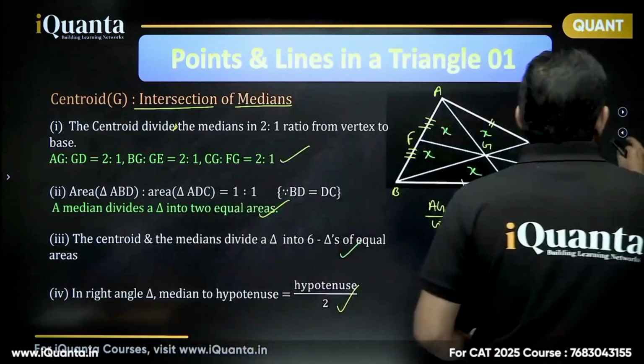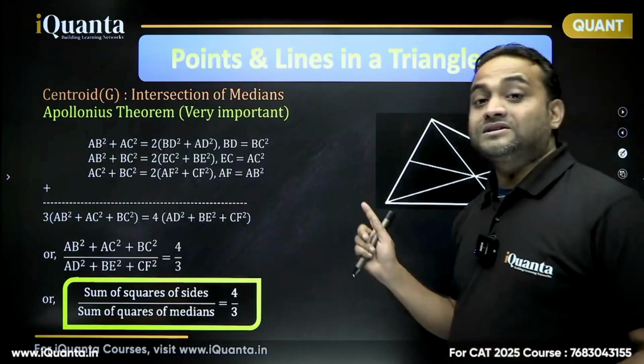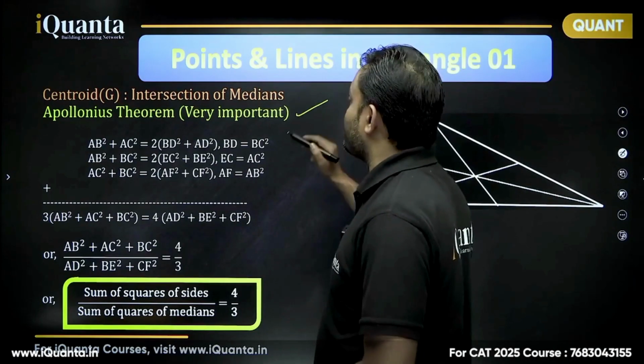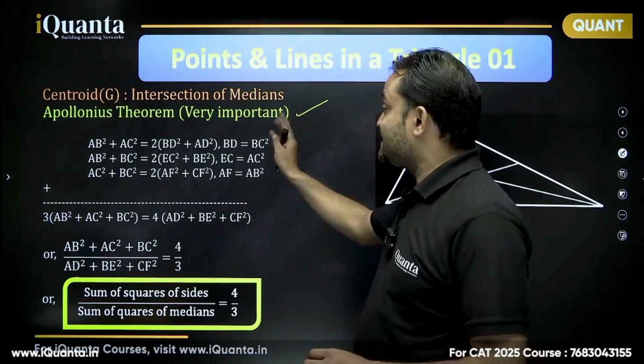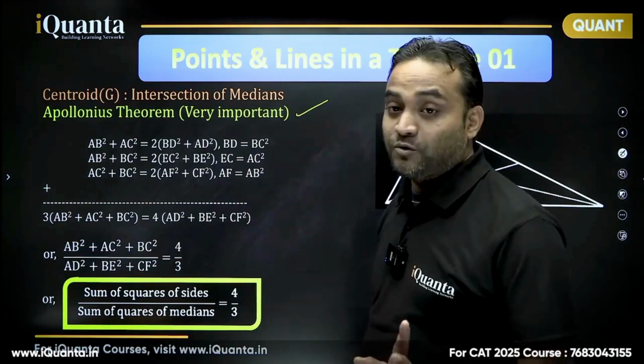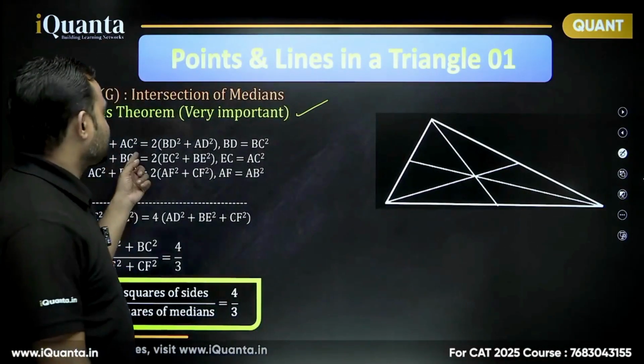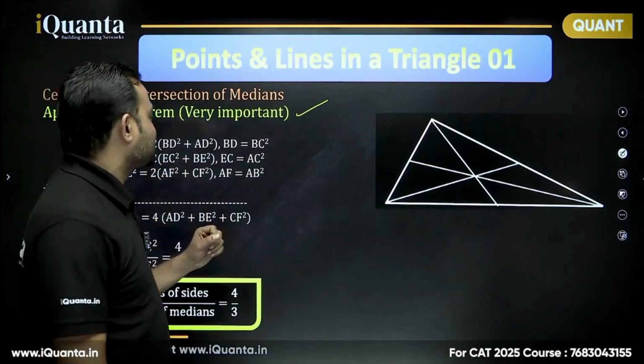Now next is again on centroid, which is about a very important concept which is known as Apollonius theorem. As you can see, it's very important. Now what is Apollonius theorem? It says AB square plus AC square is equal to 2 times BD square plus AD square.